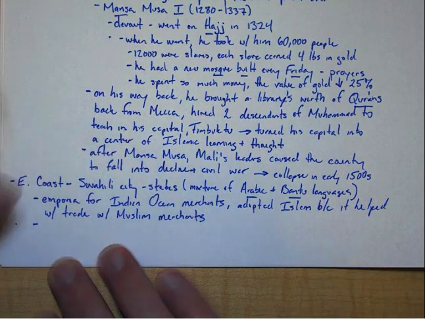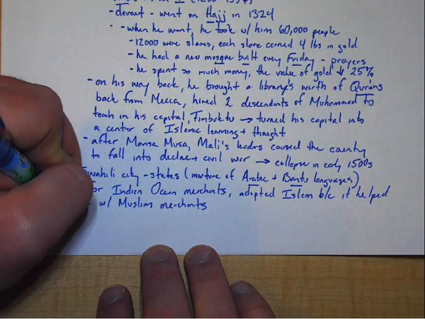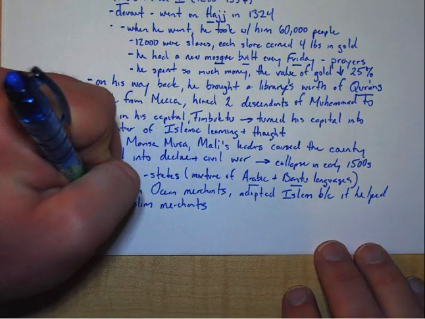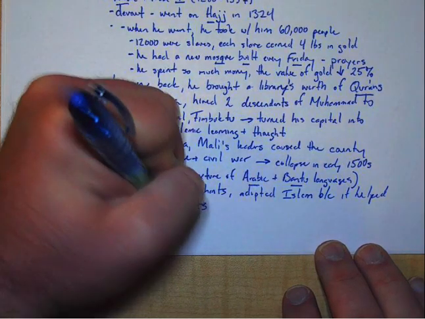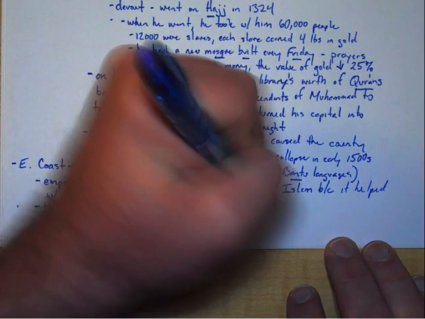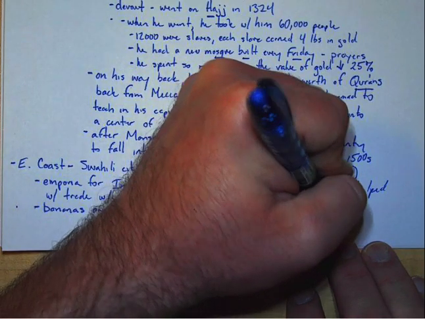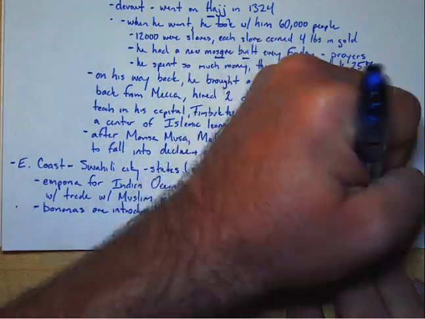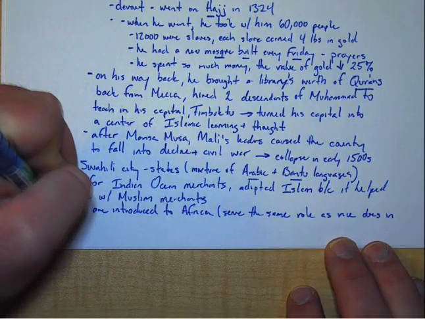This is also where bananas are introduced to Africa. Bananas kind of serve the same role as rice does in Asia and Europe.